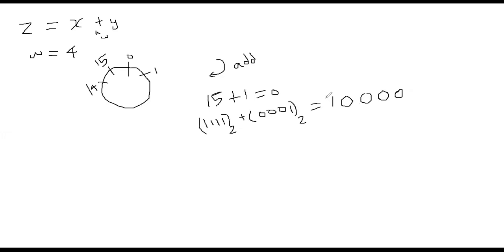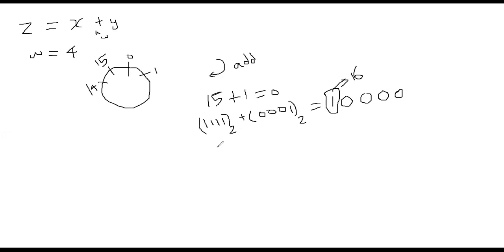But we don't have room for this particular bit, so we discard it by just throwing it away. Mathematically, it means we get rid of the 2 power w weight. This contributes 16, which is nothing but 2 power w, in our case 4.